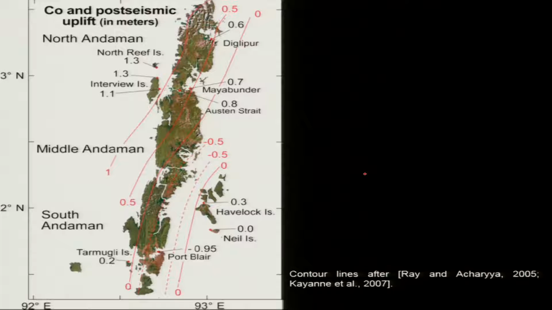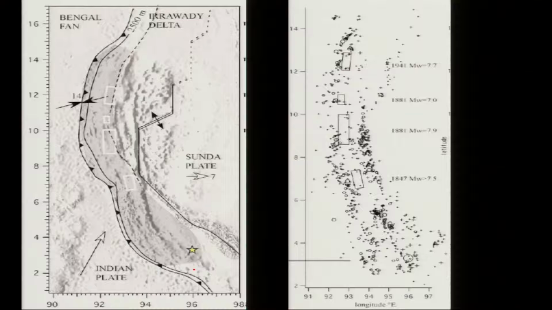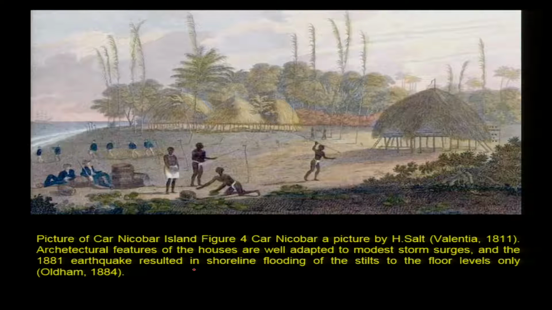So, what we found was there was a very clear cut pivotal line which passed through this area, where on the west we had an uplift, on the east we had a subsidence, and this was clearly observed on the surface also. Let us see more signatures of that.